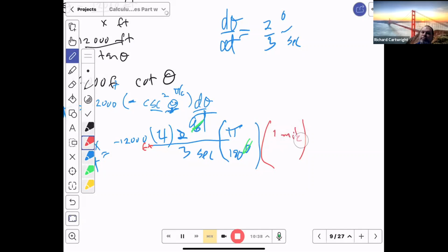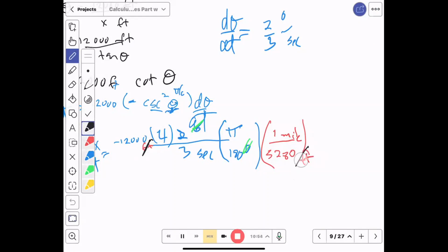And the reason I'm putting it on top is because I need miles per hour over 5,280 feet. So what happens now? That feet on top cancels that feet, and we are in miles. See, the miles is there?